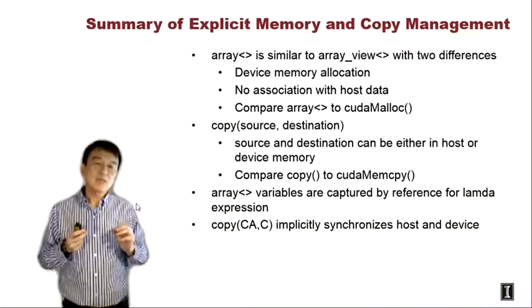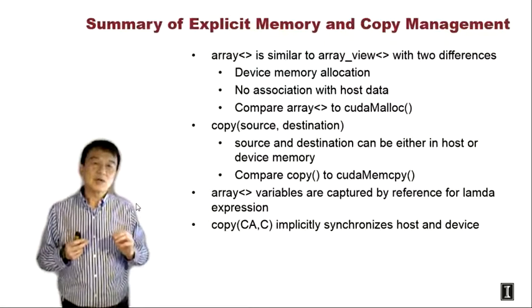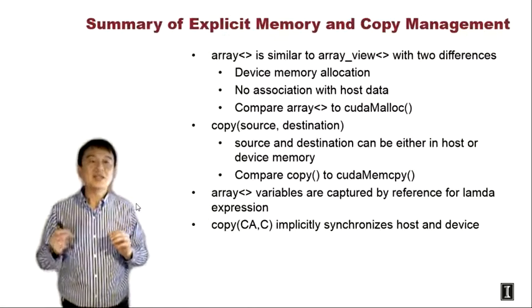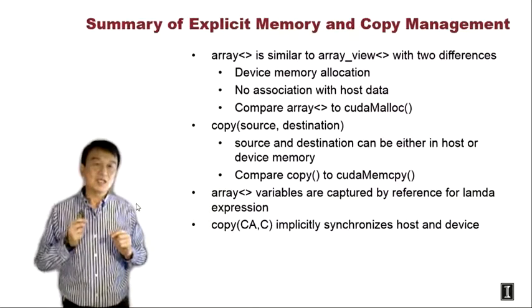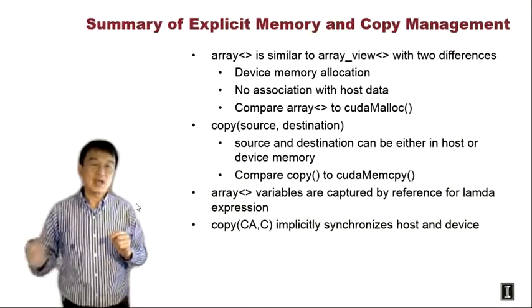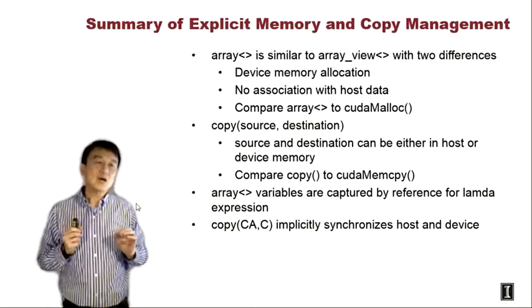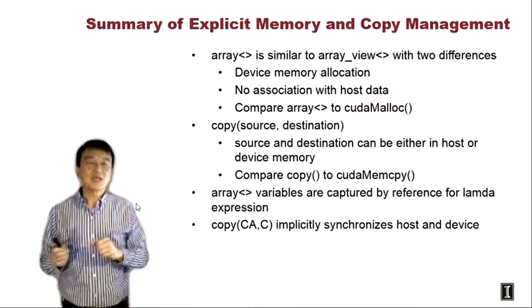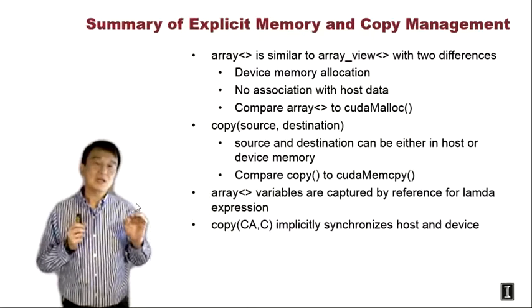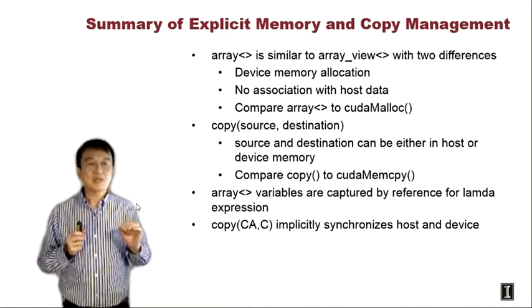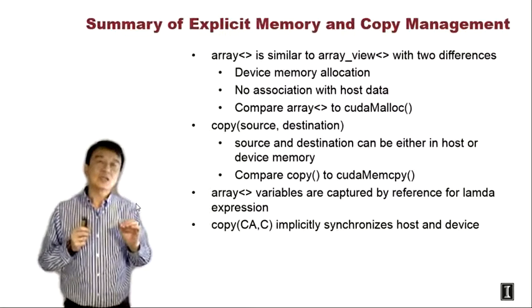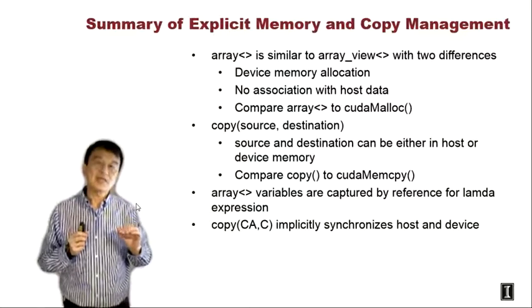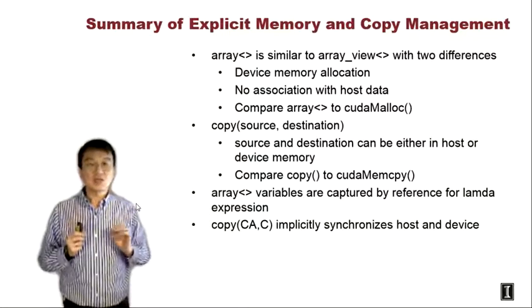The third important point is that array variables are captured by reference for the lambda expression. Keep in mind that the array variables are really allocated on the device. They are explicit memory allocations for the device. So that's why we really cannot capture the value from the host and send it to the device. Rather, the only reasonable way for the parallel for each statements to access these variables is through their pointers.